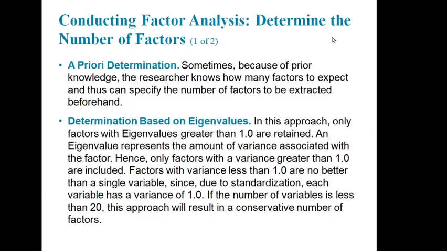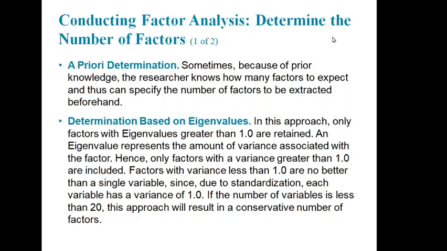Now, the next type of factor determination is a priori determination. Sometimes, because of prior knowledge, the researcher knows how many factors are to be expected, and thus you can specify the number of factors to be extracted beforehand. Say you must have done that particular research earlier, and you know, okay, for that set of 20 variables, you may get around 4 or 5 factors.